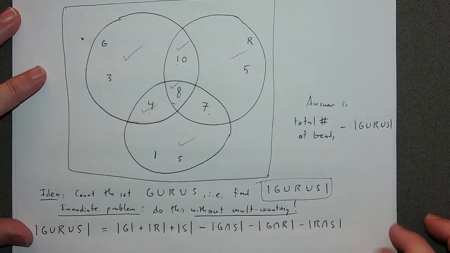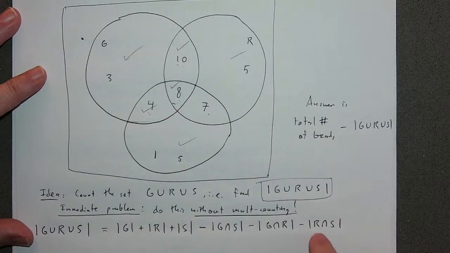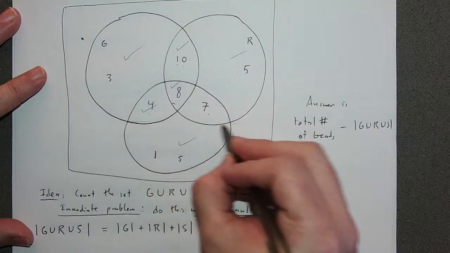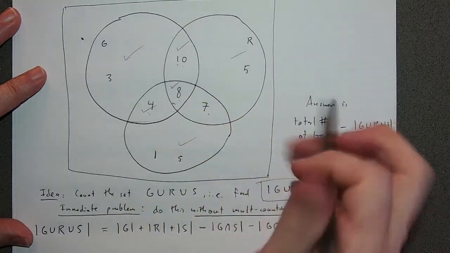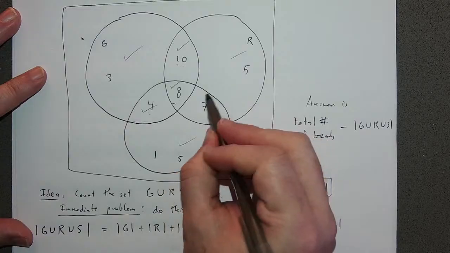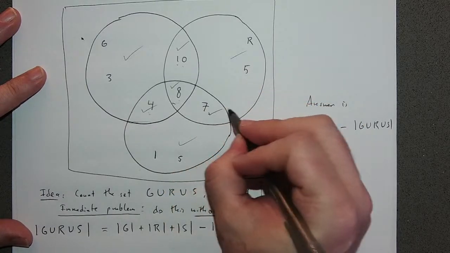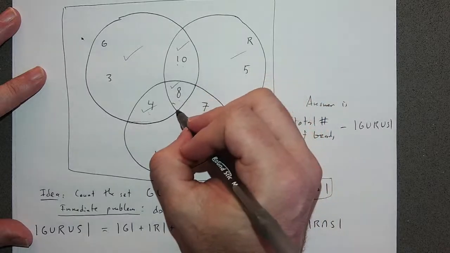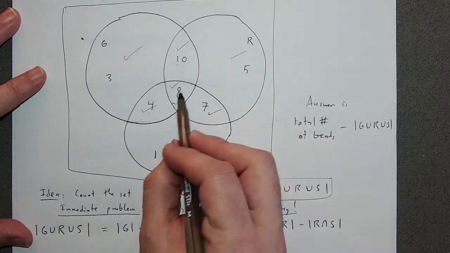And we're happy. Then we have this region that's not good. So we subtract off R intersect S. So we're subtracting off this entire region. What that does is now this region of 7 beads that was double counted is now single counted. But we also took off another copy of this overlap, which previously was fine at the last step.